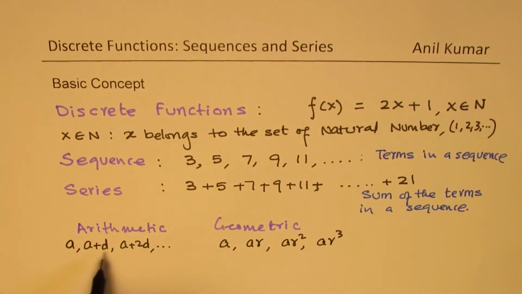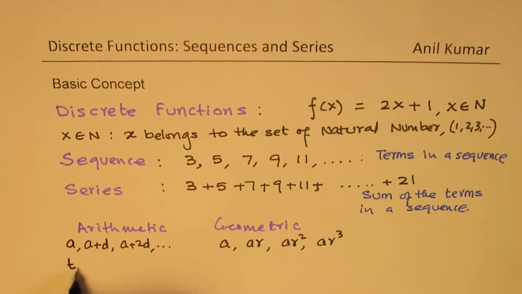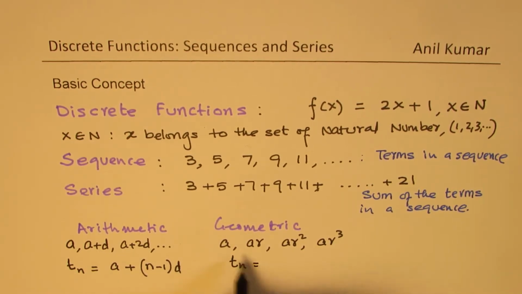Perfect. These are individually called the terms. The general term Tn for an arithmetic sequence will be A plus how many D's, differences, have been added? N minus 1, right? And in the geometric case, the general term will be A times R to the power of N minus 1. See, here the power is 0 for the first term, R to the power of 0, and we cannot use 0 for N, so we use N minus 1.